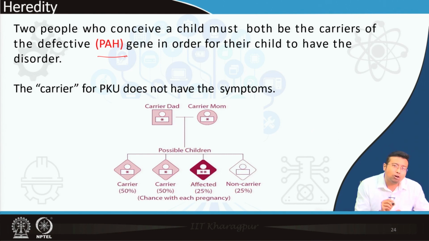If there is only a single copy, a man or a woman will be a carrier. If a carrier dad and mom conceive, following simple Mendel's law, 25% of each pregnancy will be affected if both are carriers, one of the babies will be a non-carrier, and 50% will be carriers. This is simple Mendelian genetics.